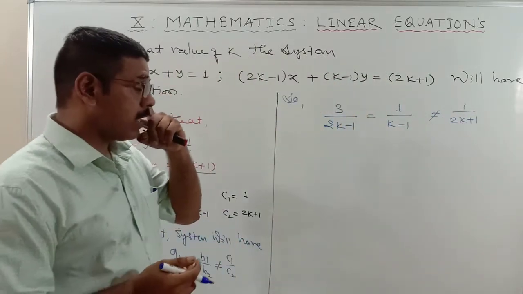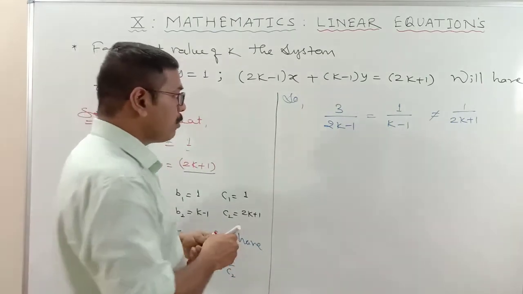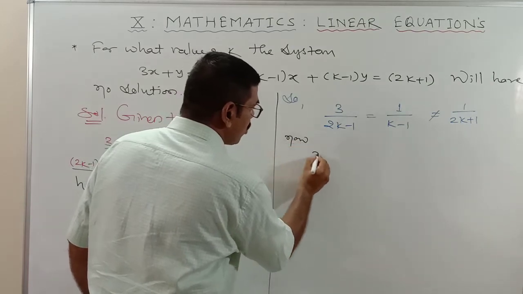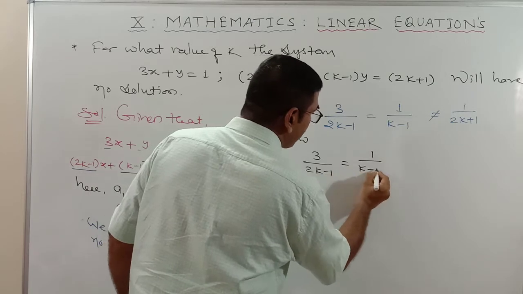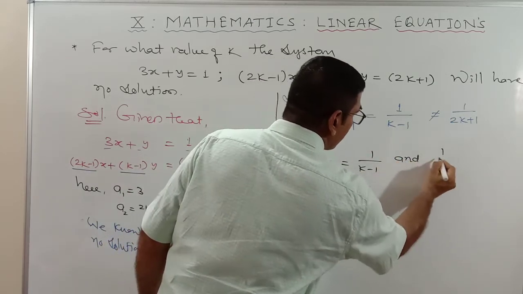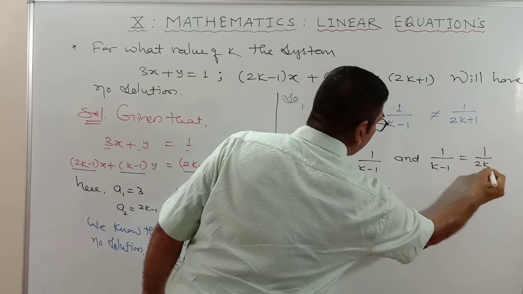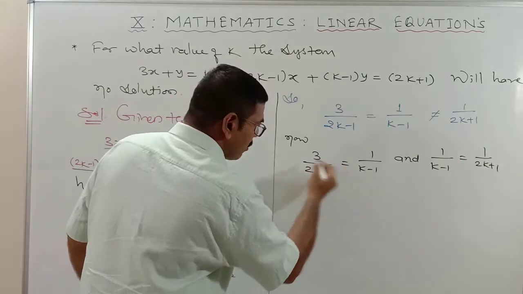We must have both the conditions together. So we can write now 3 upon 2k minus 1 is equal to 1 upon k minus 1, and 1 upon k minus 1 is not equal to 1 upon 2k plus 1. Now we are just cross multiplying.